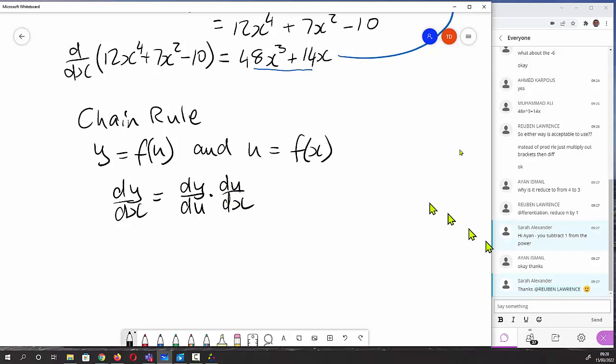Okay, so that's the chain rule. I'm just mentioning it here. I will use it in a minute, but I'm just going to need it a bit later on. But we've got it written down, so I can use it here.